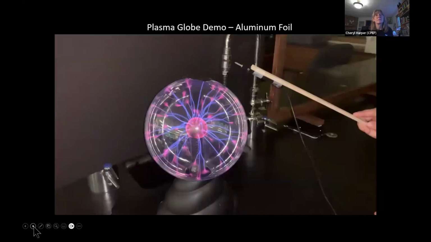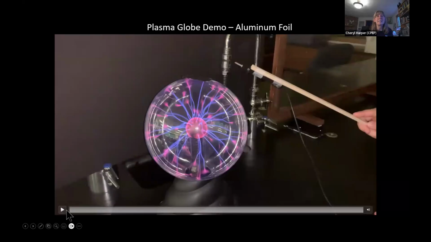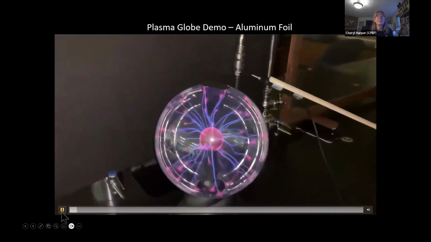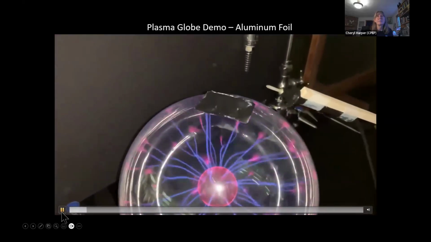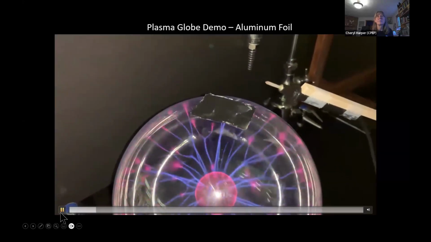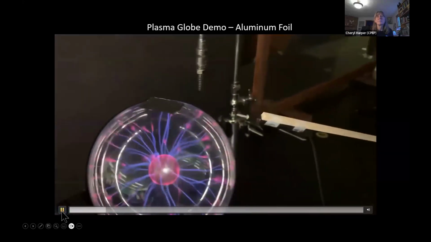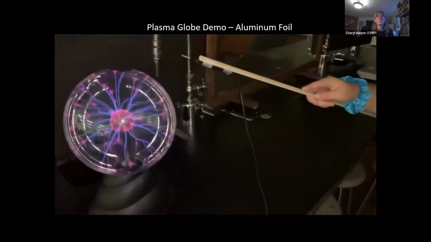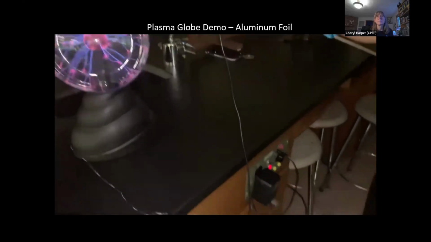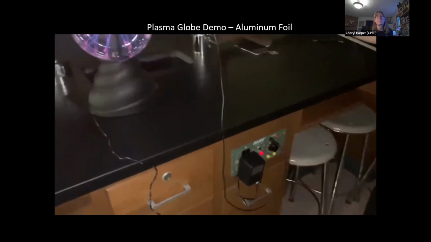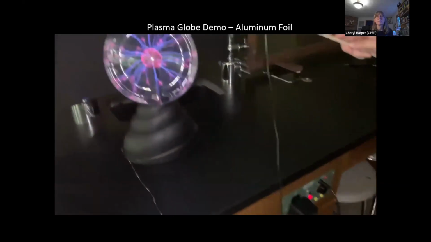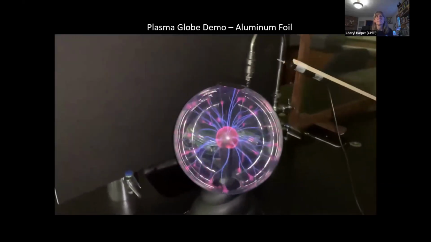In this demonstration, we have a small piece of aluminum foil sitting on top of the plasma globe, and then we have a probe that is attached to the ground plug of our voltage supply, so it is grounded.